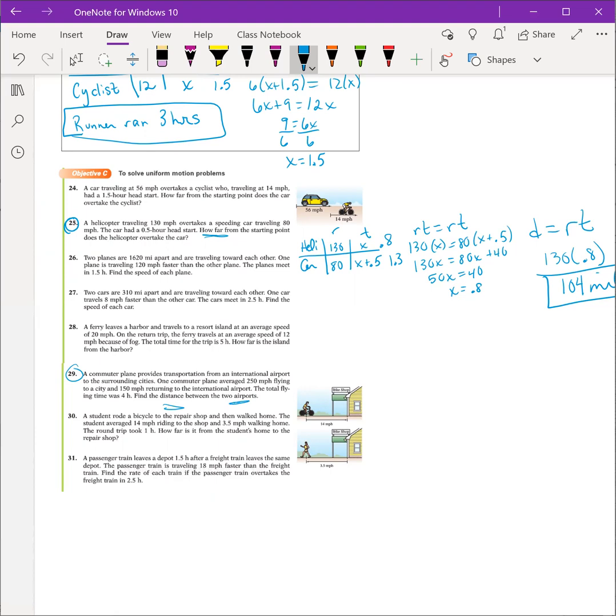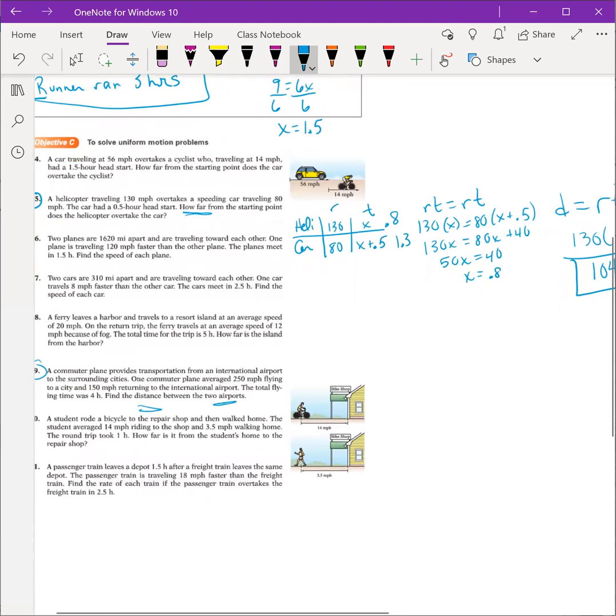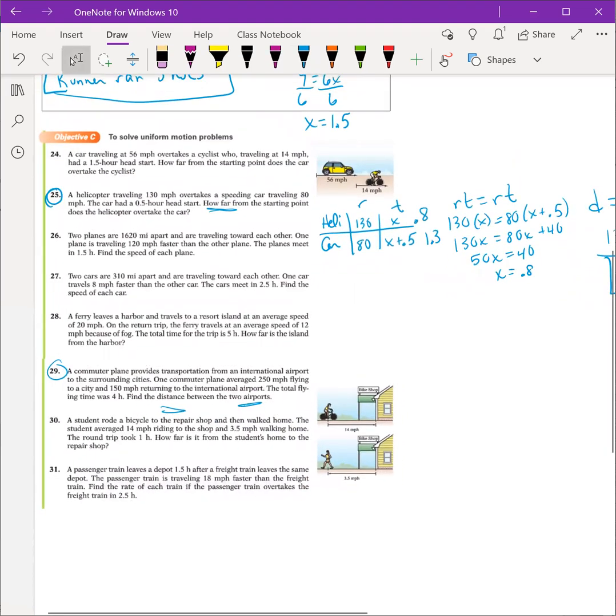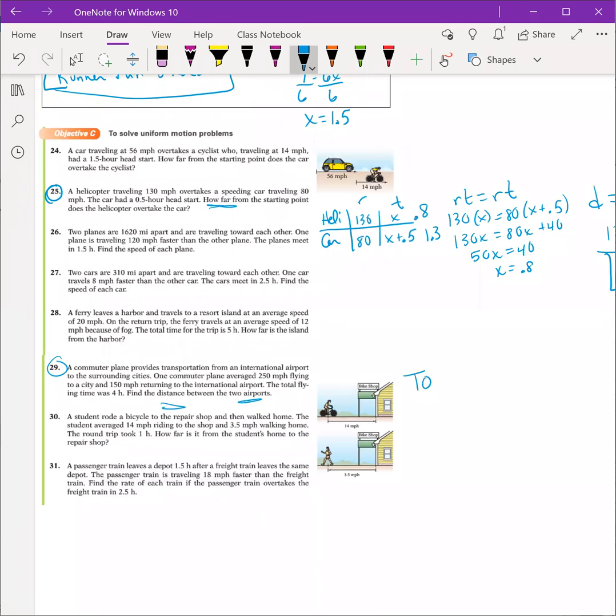So we have to and from. We're going to the airport, from the airport. We need our miles per hour and we need our time. This is a good one because they only tell us the total time. So we know it's going 250 miles per hour flying to and 150 miles per hour returning. It tells us the total time is 4 hours.